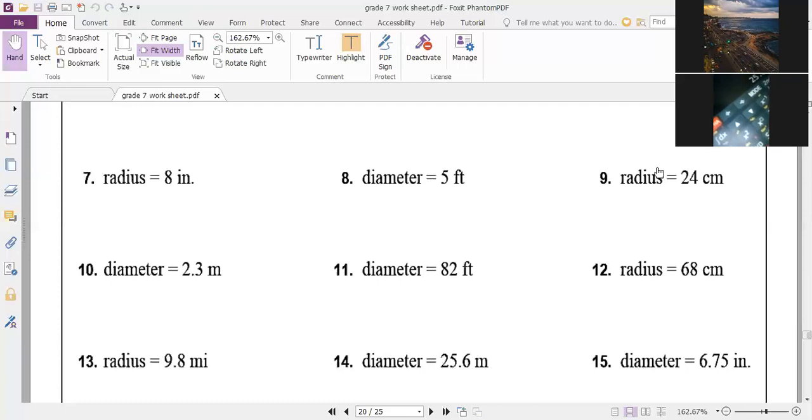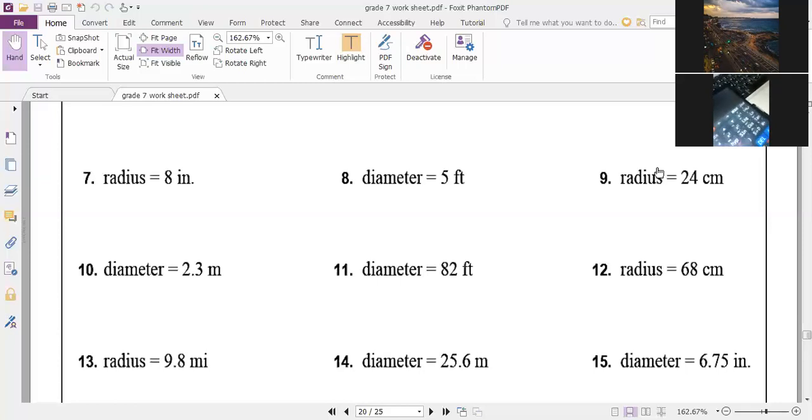In the other example, the diameter is equal to 25.6. I will divide this number by 2. It equals 12.8. So if the radius is equal to 12.8, what do we do after that?